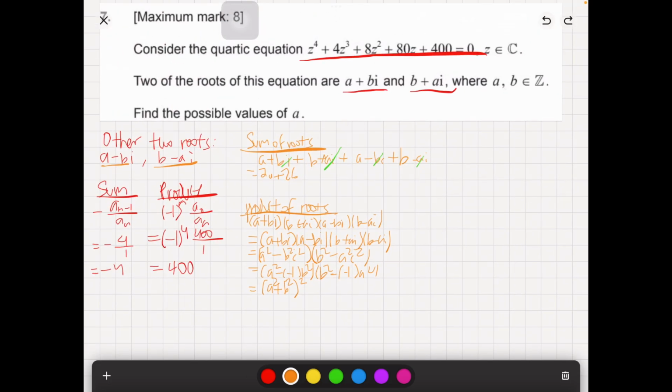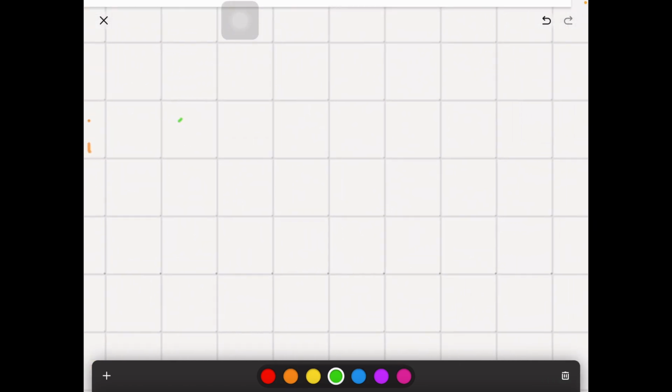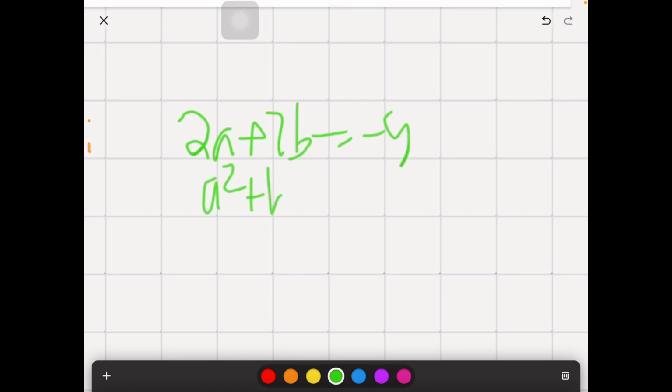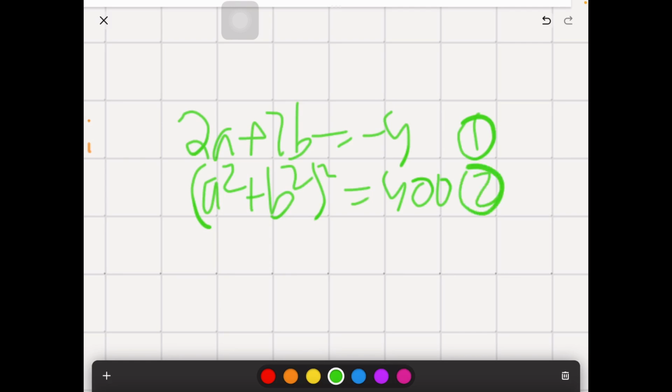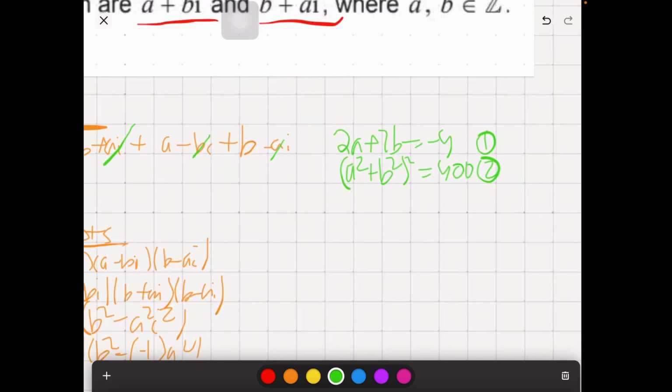So now, we can go ahead and equate the sum of roots with the sum we calculated over here, and equate the product of the roots with the product that we have over here. So let's go and do that. Here we have a system of equations.